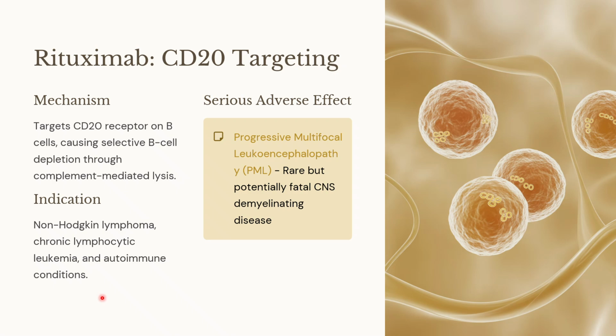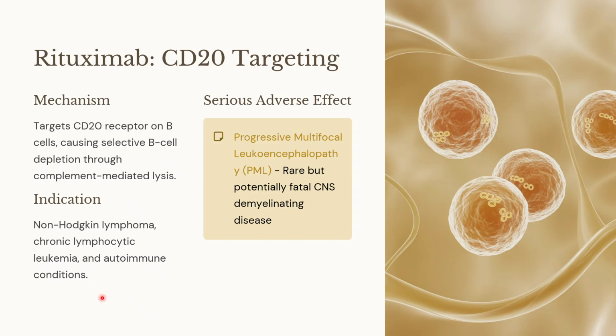Progressive multifocal leukoencephalopathy. What is that? That is a potentially fatal CNS demyelinating disease which is caused by JC virus, JC polyoma virus. The JC polyoma virus will not affect people who are immunocompetent. So it will stay latent in the body.